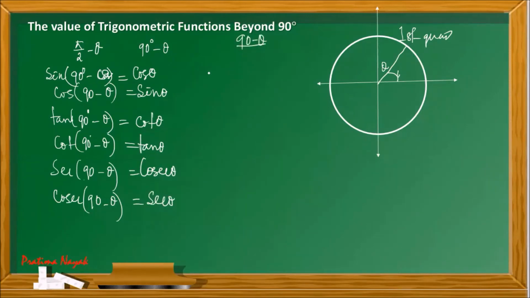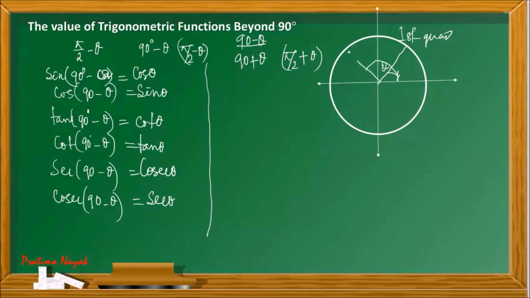Then I am coming to 90 plus theta, or pi by 2 plus theta. This is pi by 2 minus theta, and this is pi by 2 plus theta. When it is pi by 2 plus theta, only the quadrant changes. Pi by 2 plus theta means I am in the second quadrant.